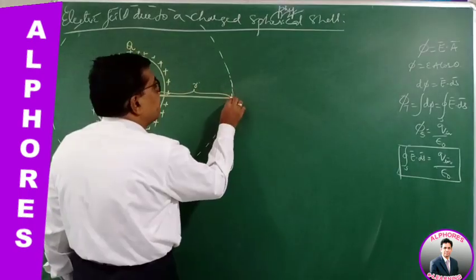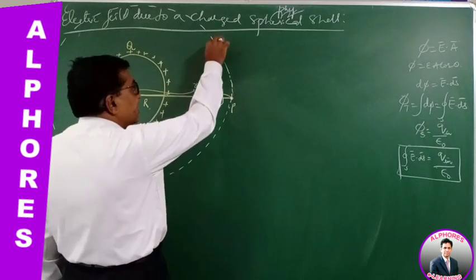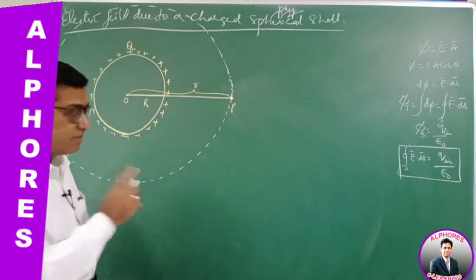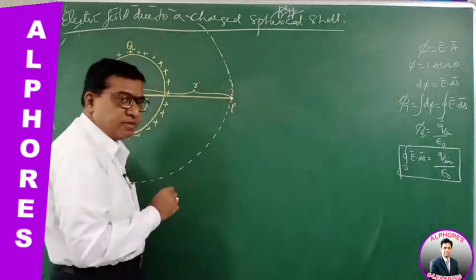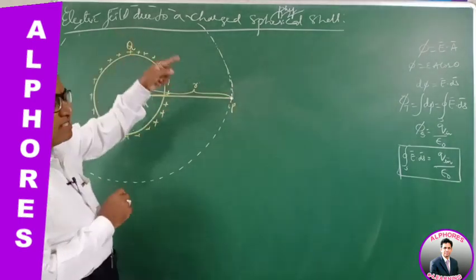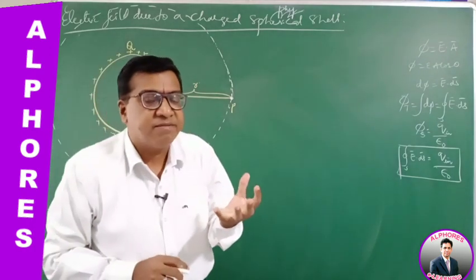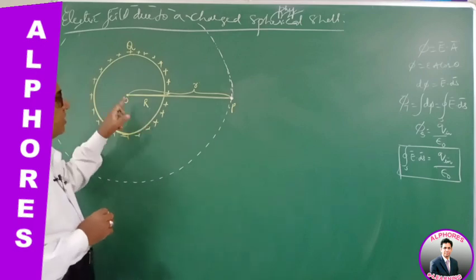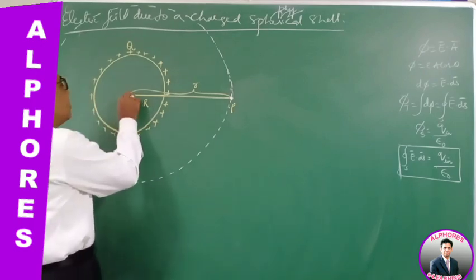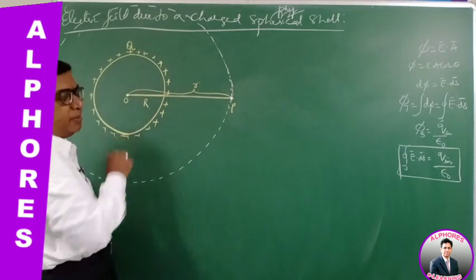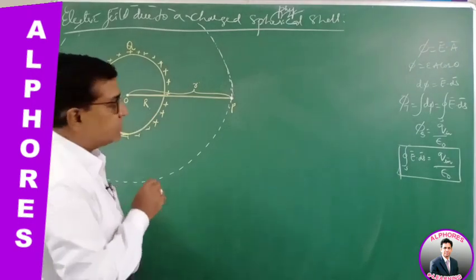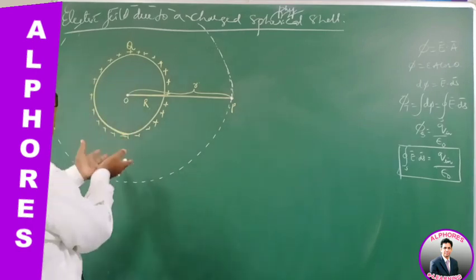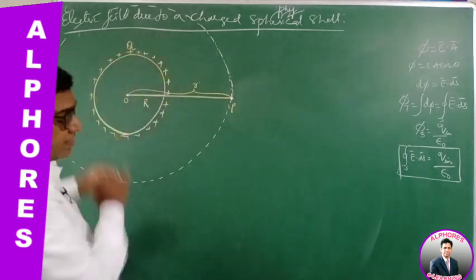So I have to find the electric field at point P, so imagine a Gaussian surface passing through the point P. We have imagined the Gaussian surface such that the center of the Gaussian surface and the center of the sphere coincide. The Gaussian surface is concentric to the spherical shell. For symmetrical charge distribution, the Gaussian surface is also symmetrical like this.